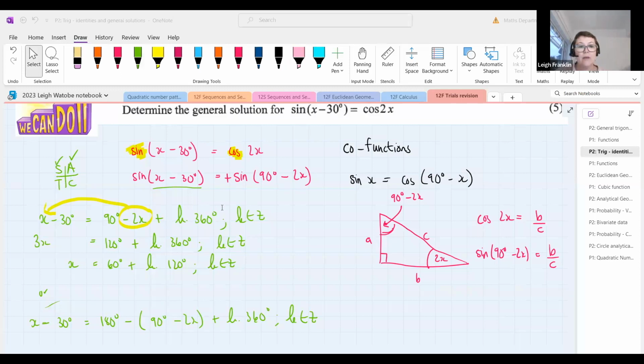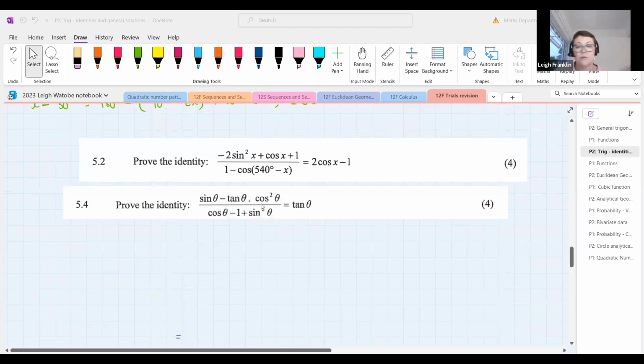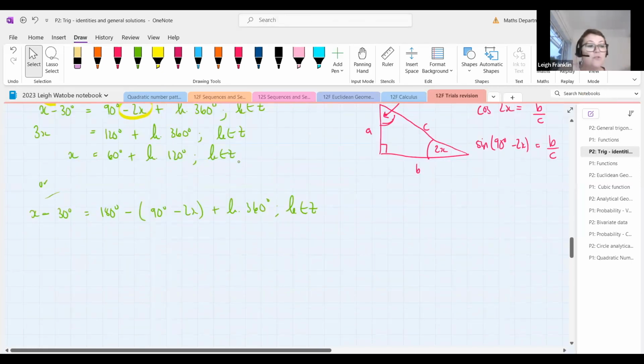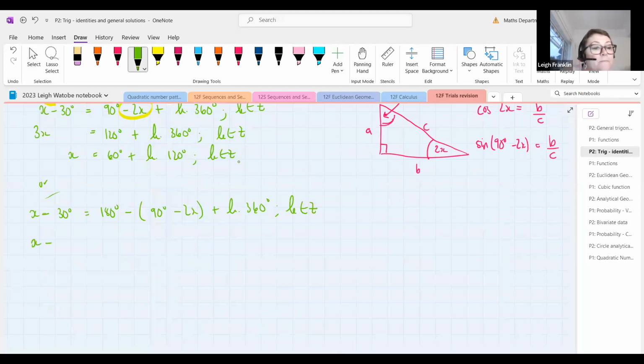Okay, and again, what I would need to do here is remove my brackets: minus 90 plus 2x. So just be careful when removing brackets. If you've got a minus in front, you have to change the signs of the terms inside.